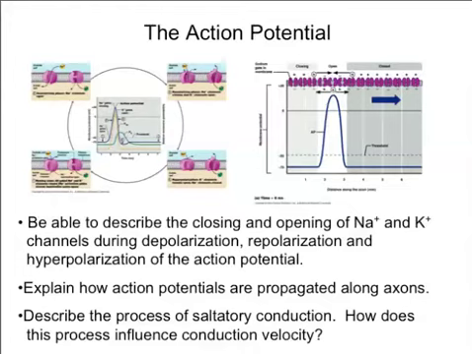And when they do, sodium rapidly rushes into the cell, and this causes the resting membrane potential to go from minus 70 all the way up to about plus 30. And at that point, a couple of things happen. Number one, at that voltage, the sodium gates will shut and potassium gates will open, and potassium will rush into the cell and force sodium out.